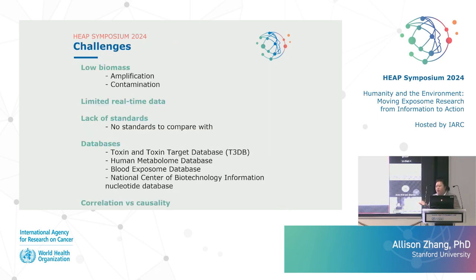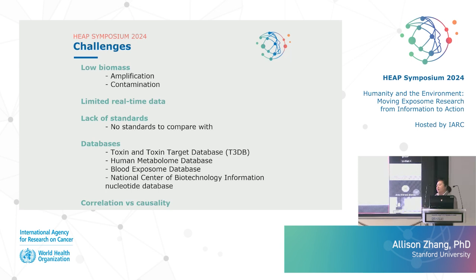So the exposome research is great. Using the exposometers, we can profile lots of environmental exposures and correlate with internal omics. What about some challenges using those exposometers? Number one is low biomass. So the stuff we collect from the air is very low biomass.